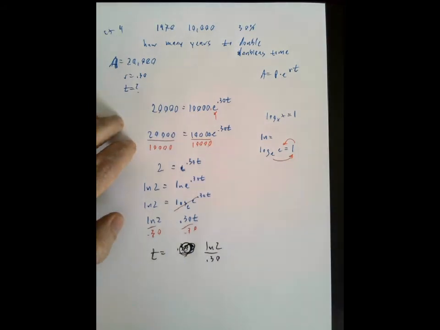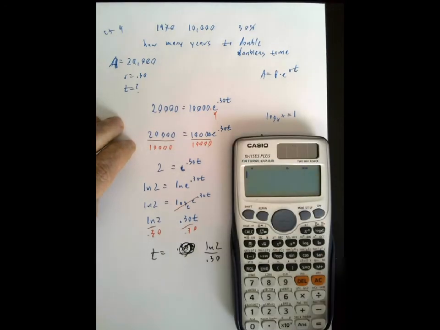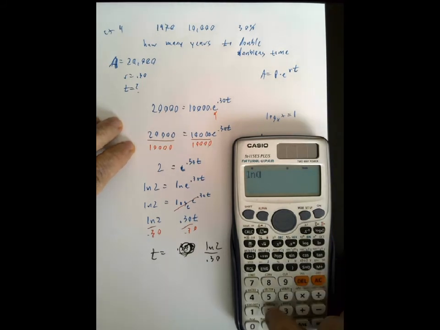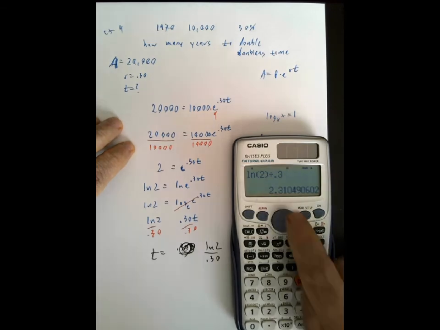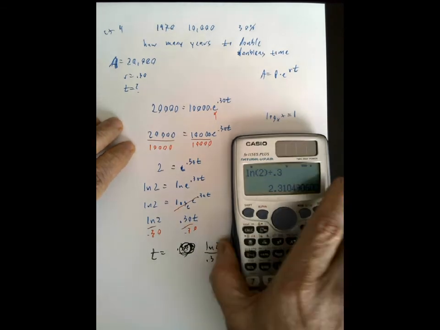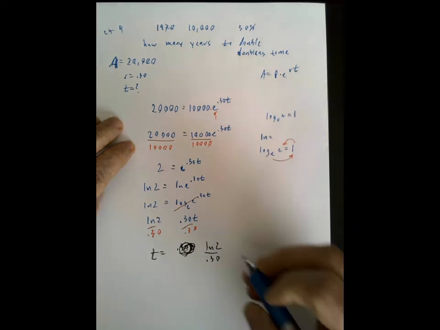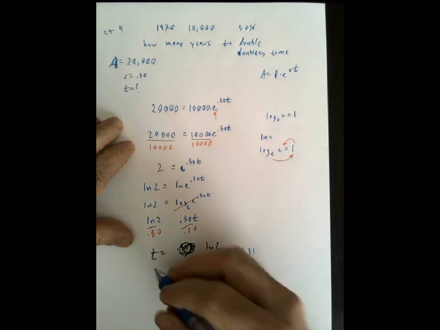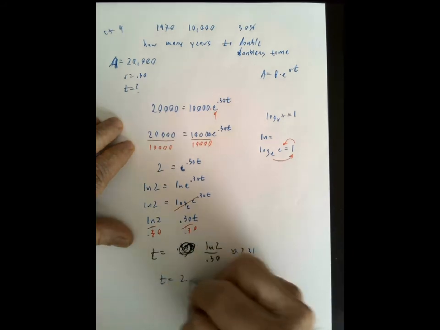And on Mr. Calculator, here's the ln key that we worked with before. ln 2, close parentheses, divided by 0.3, boom, 2.3. So that would be 2.3 years. That's approximately equal to 2.31. So we're going to round that off as 2.3 years.